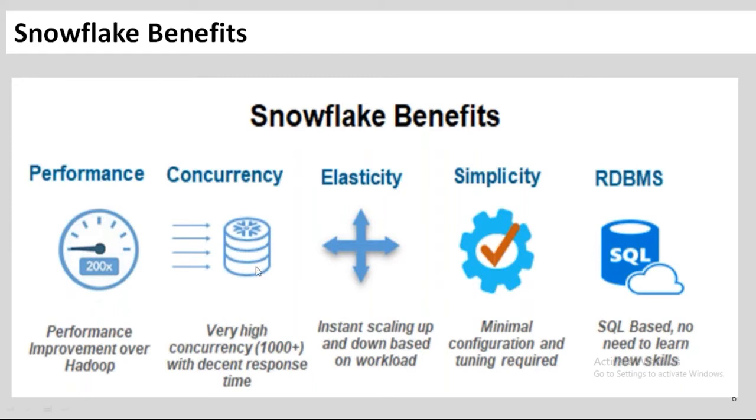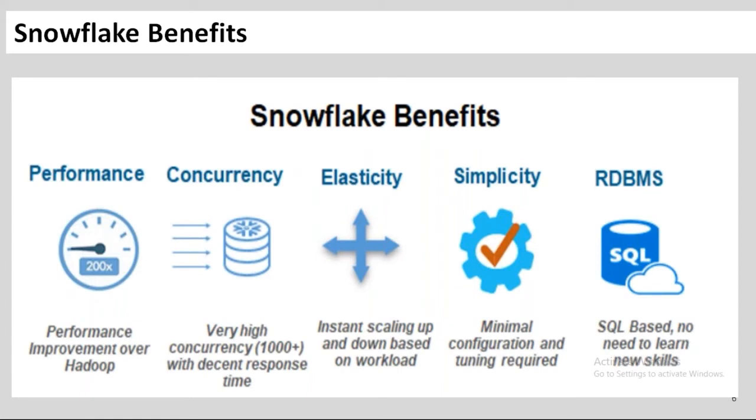Let's say, for example, today at 9 o'clock, one user got logged in, and the performance was very good. After 9:30, generally business people log in. 100 people came in and started querying the data from the database.